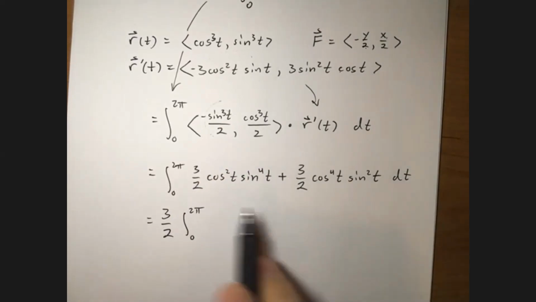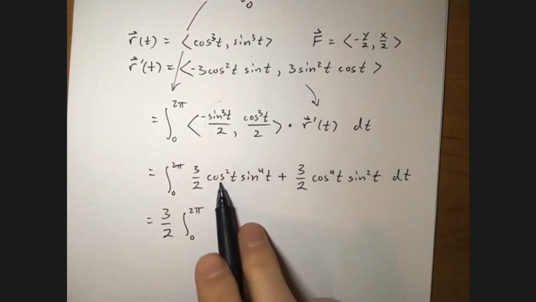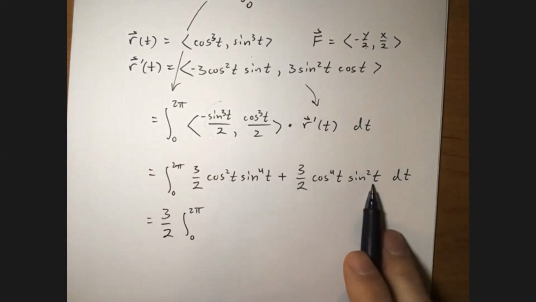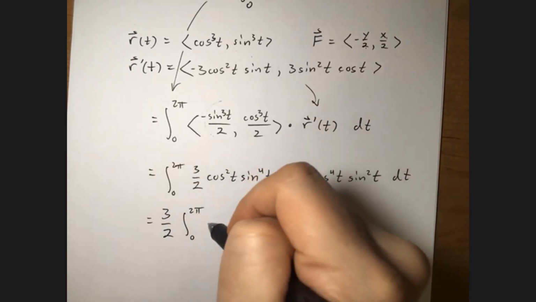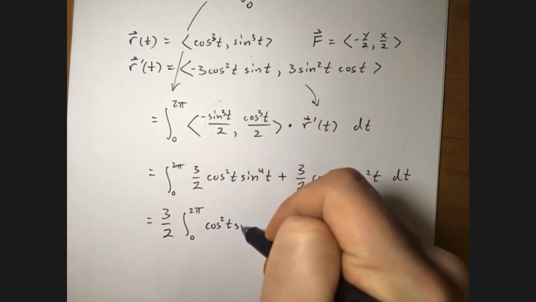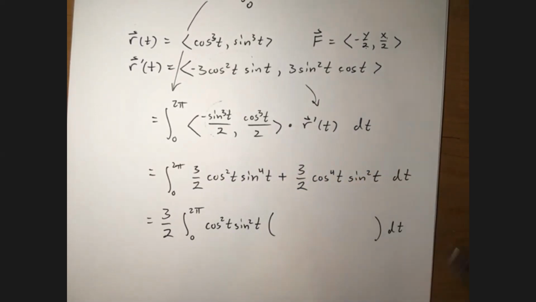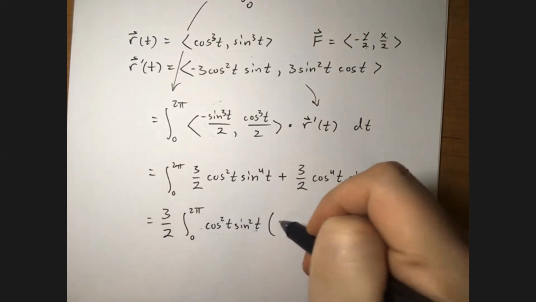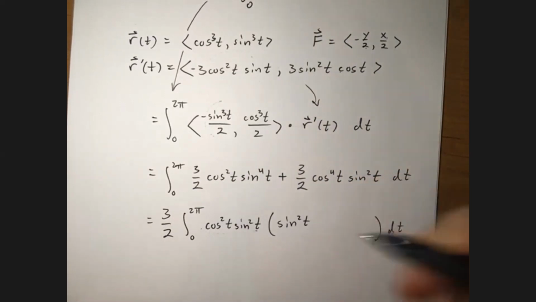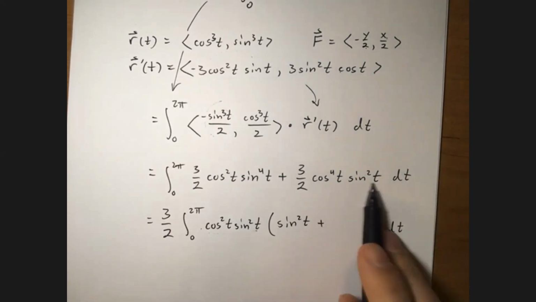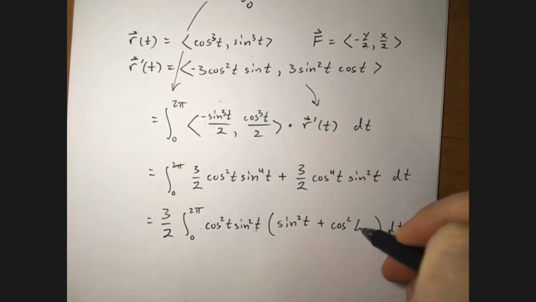3 halves is going to come on the outside of my integral. So that's nice. Each of these has a factor of cosine squared in it, and each of them has a factor of sine squared in it. So I can factor out cosine squared t sine squared t. And what's left over? Well, if I factor out of the first term, I'm left with sine squared t. And if I factor out of the second term, I'm left with cosine squared t.